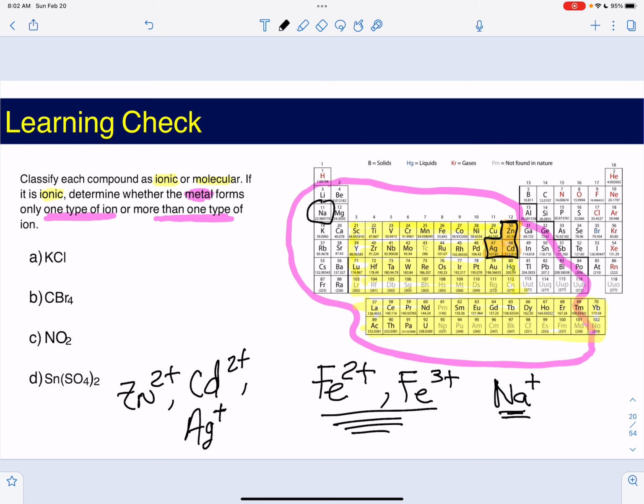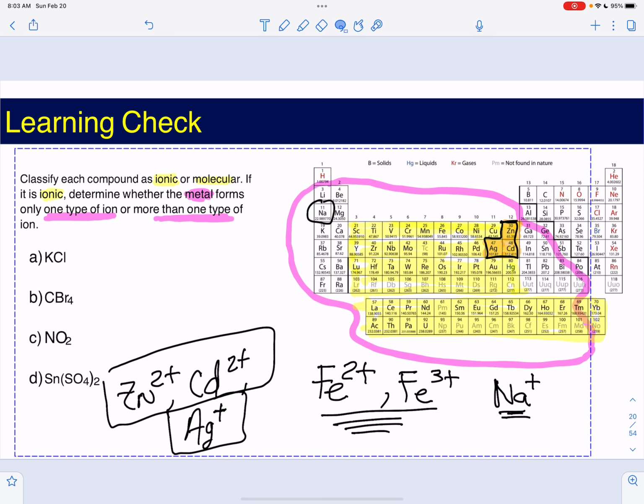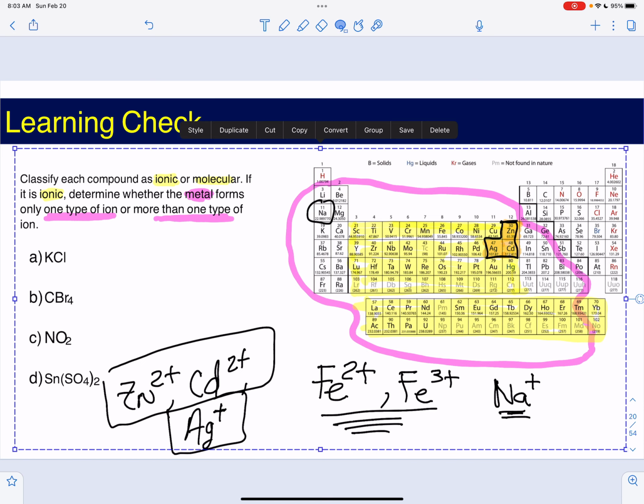So remember, everything in yellow, those are my transition metals. They can have more than one type of ion, like iron 2 versus iron 3, except for zinc, cadmium, and silver. Zinc and cadmium 2 plus, silver plus 1. So put that in your memory bank or your index card, whatever method works better for you.